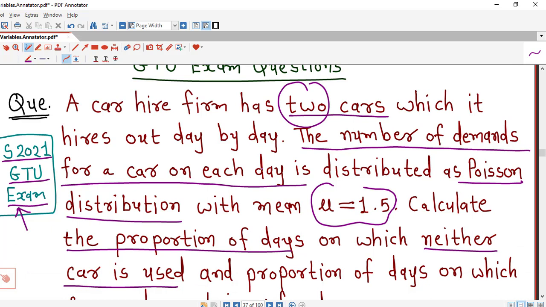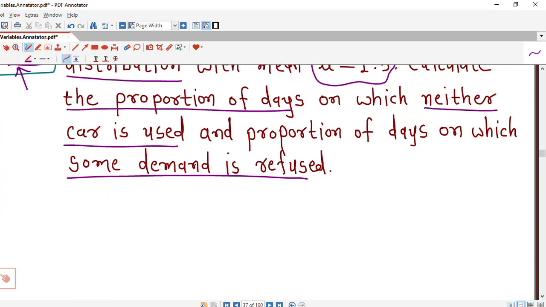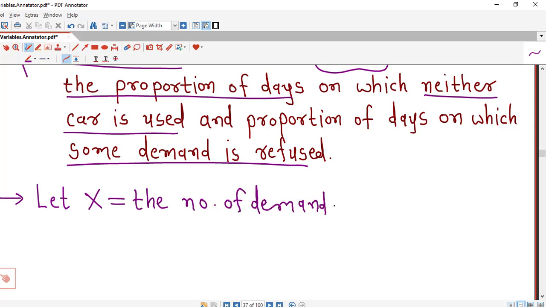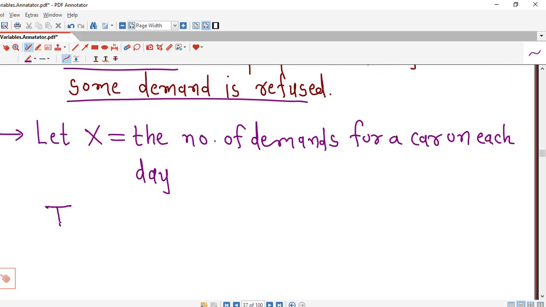The number of demands for a car on each day is distributed as Poisson distribution. So first we define that random variable capital X is the number of demands for a car on each day, and this X is a Poisson random variable with average number of demands given as 1.5.